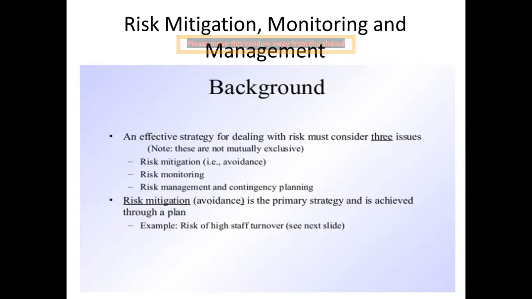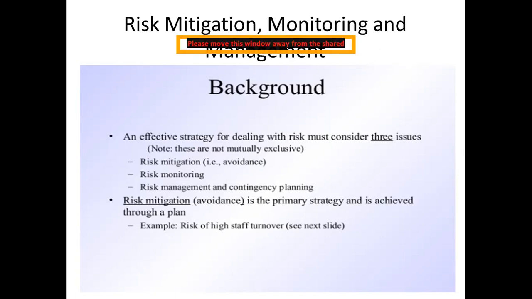And the second one: if you check the nature and the nature is powerful, then we will consider risk monitoring. Then we will keep our eye on the project and on each risk that is going to affect the project. That is called risk monitoring.